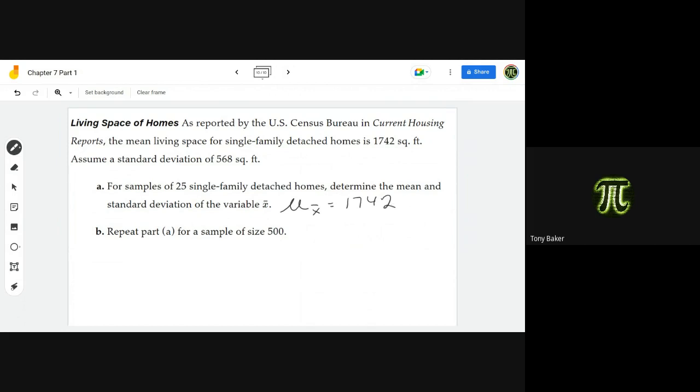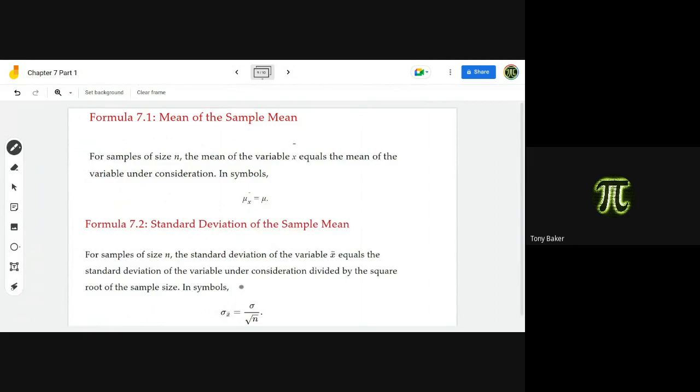What's the standard deviation for this, though? It's not the same. Otherwise, it would be no work at all, right? But that also means that it doesn't matter the sample size. So we already know the sample size matters. So what was the formula for standard deviation? We take the standard deviation of the population and divide it by the square root of my sample size.